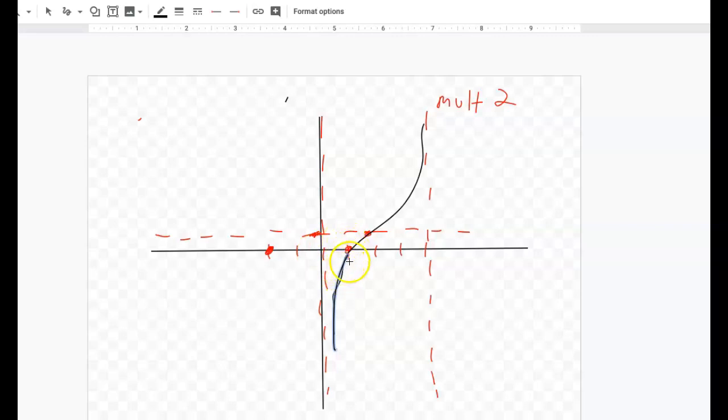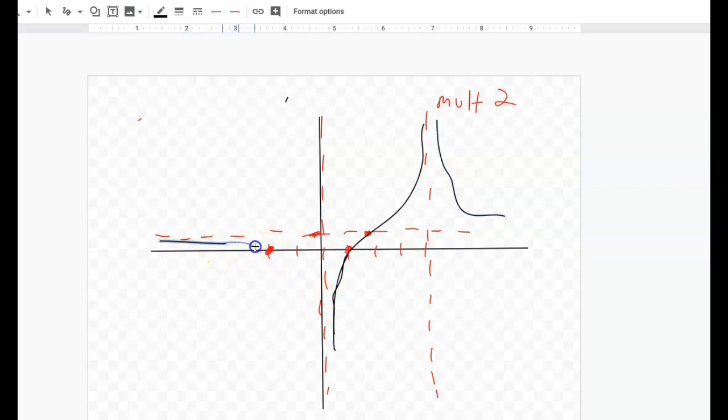Now, since I know that this has multiplicity 2, and this is already coming to positive infinity, and there are no other x-intercepts or crossings of the horizontal asymptote, this side must look like this. And since we know that this is the horizontal asymptote, the curve must get really, really close to it, but it has to bounce off this point here because it has multiplicity 2.